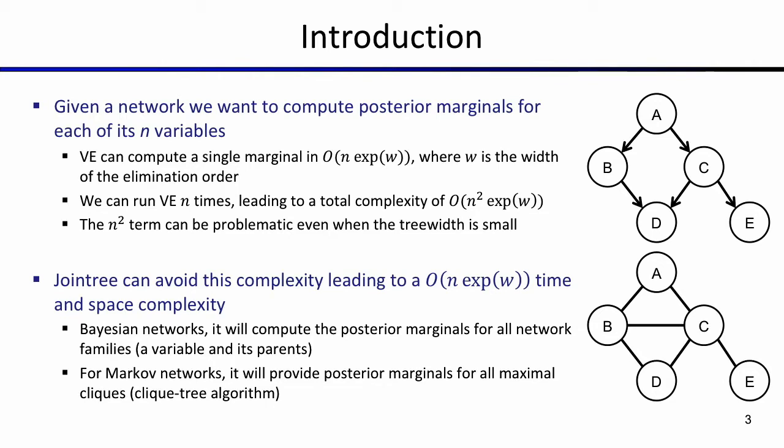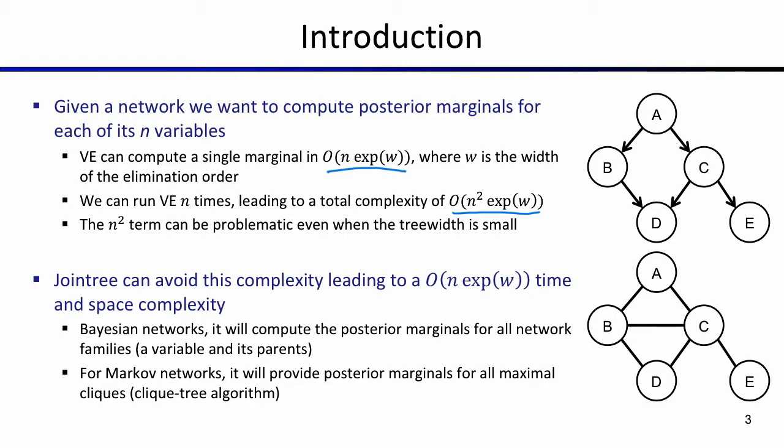We have discussed this in the previous lectures. If we have n variables and we want to compute those posterior marginals for each of them, we run this algorithm n times, and the final complexity is going to be n squared times exponential over w.